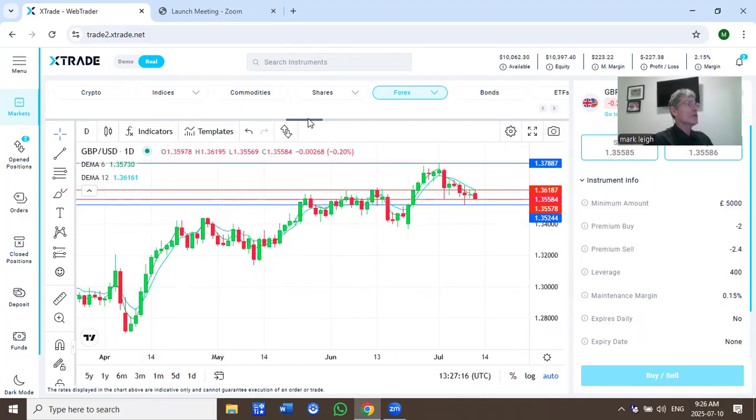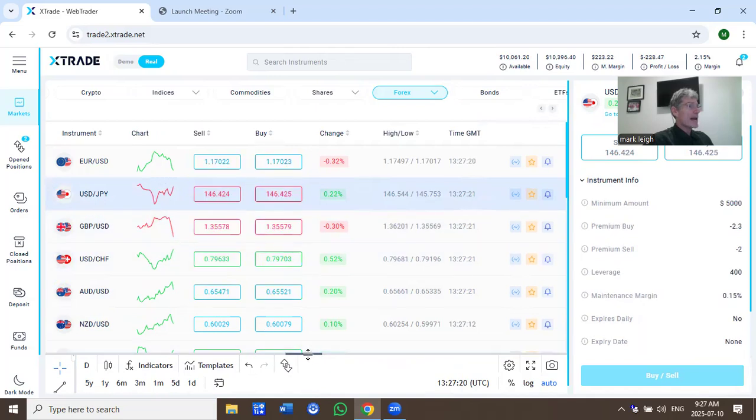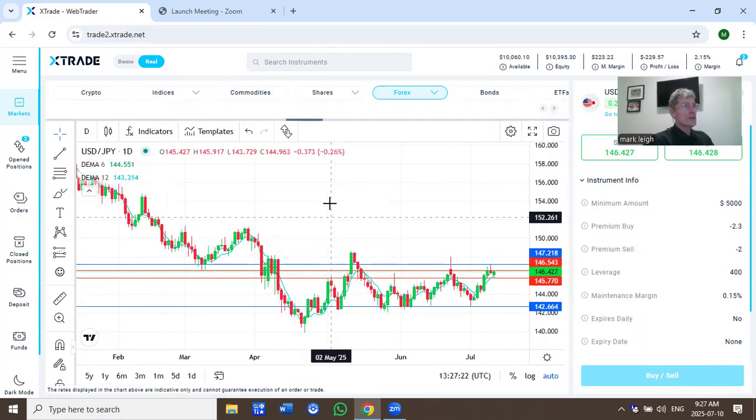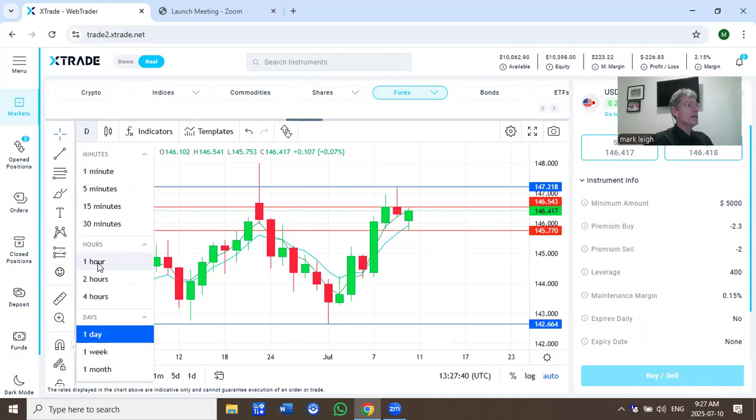Let's have a look at the US yen. And again, US dollar strength to start, and you can see resistance 146.54 and support down here at 145.77. US dollar strength looking to break above this resistance level for now. Let's zoom in on the hourly.